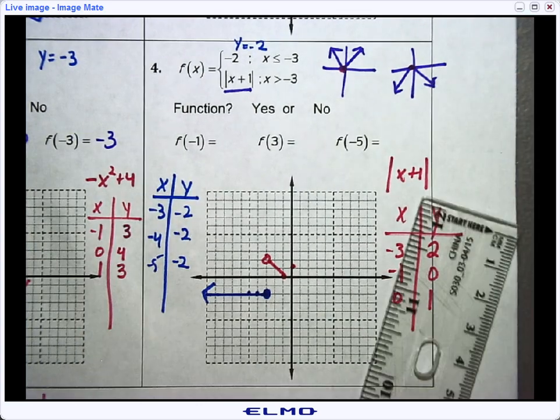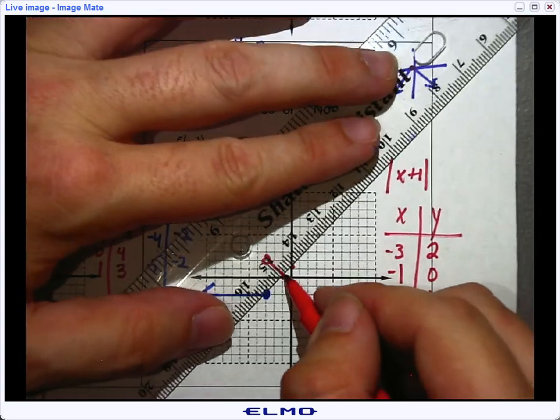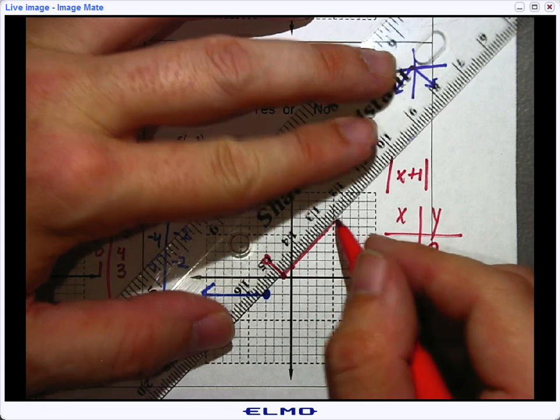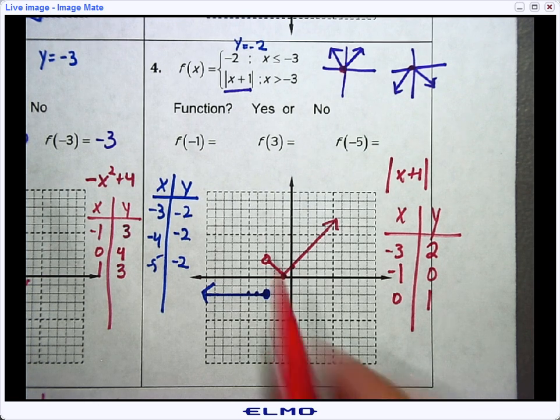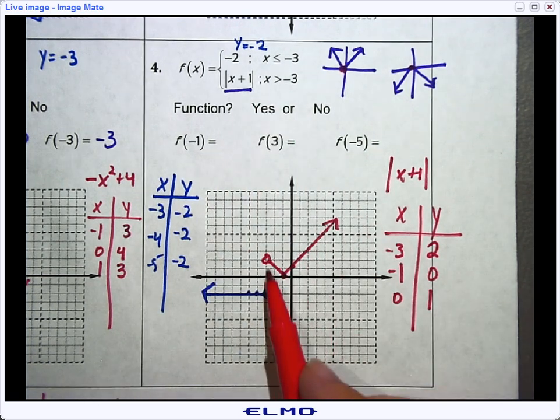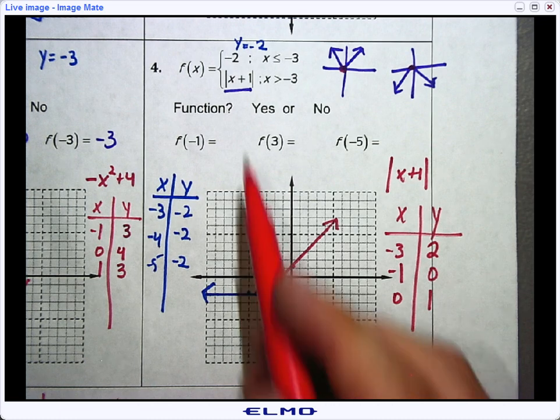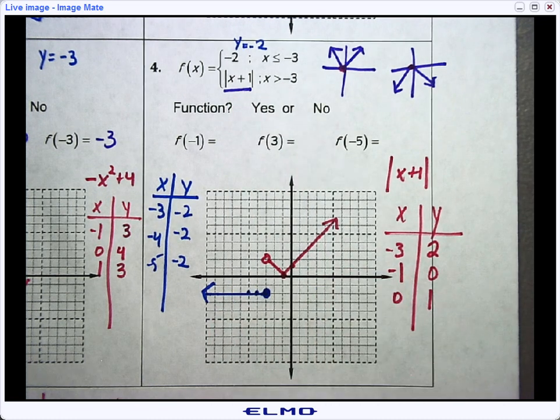But then it's going to bounce back and go up the other way. There's your graph. And you can kind of see for that absolute value, you're getting that V shape, but it gets chopped off here because this thing stops if x becomes less than -3.